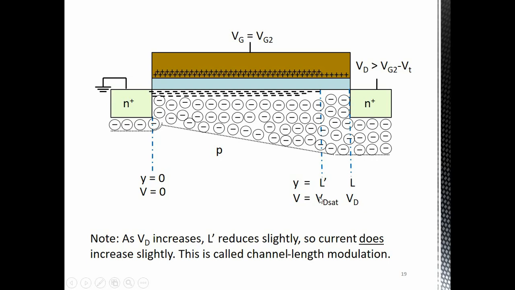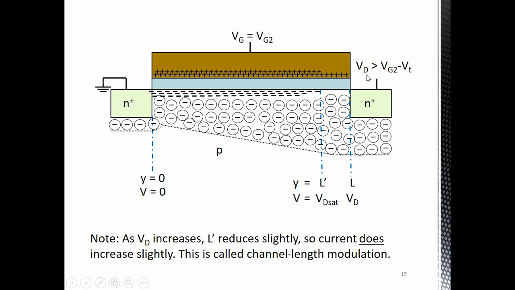So let us say we took the example of VG of 0.9 volts here and a VT of 0.4 volts. So VD sat, which is VG minus VT, is 0.5 volts. So let's say VD is 1 volt.